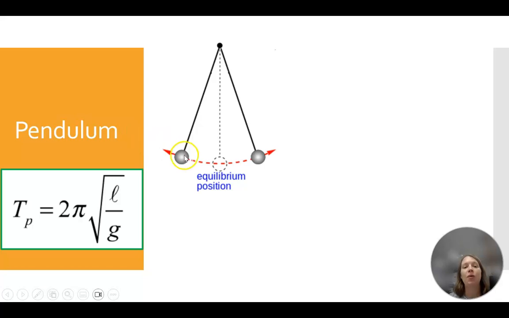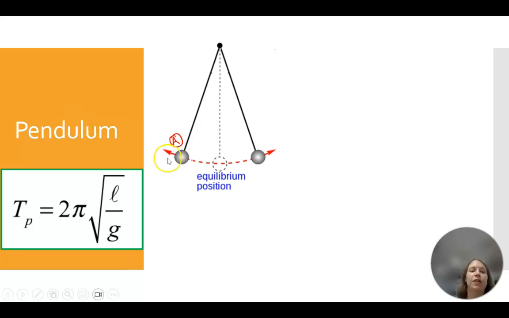We also want to think about energy and force at these different positions. At the equilibrium position, we have the minimum force, but if we displace our object over to the left here, we are in a position which I'll call A, where the restoring force is at its maximum.